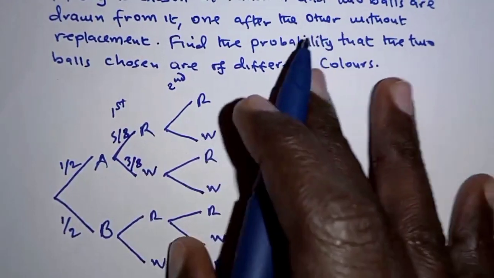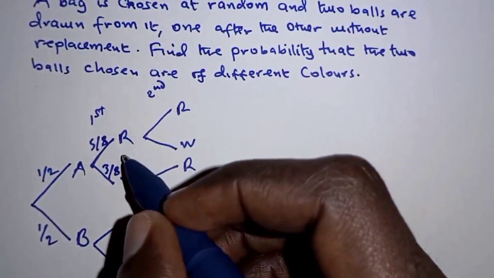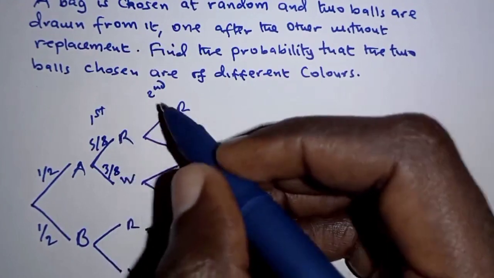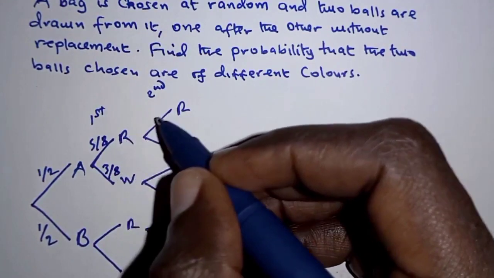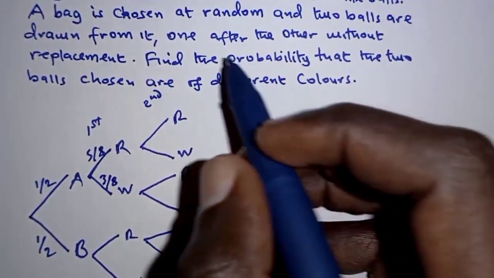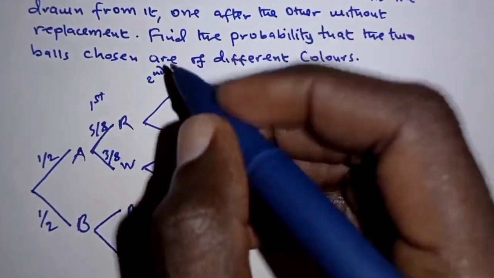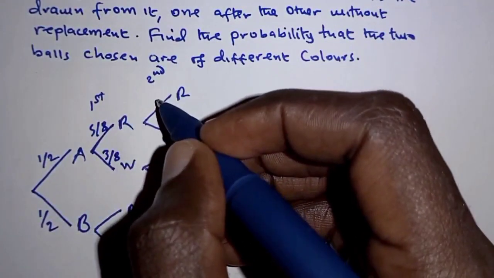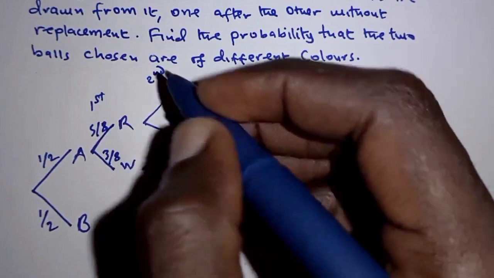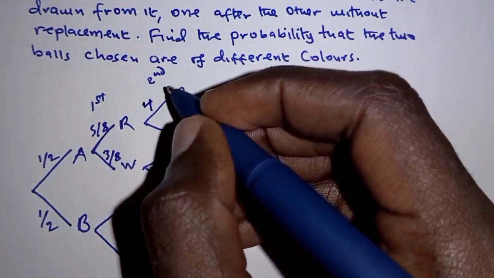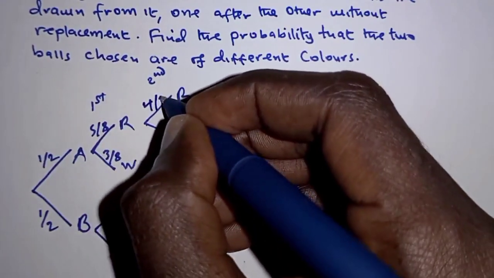Continuing to the second picking, if we had picked a red ball in the first picking, then that means that for the second picking, because the picking was done without replacement, the number of red balls will reduce. So here they should be 4, and also the total number of balls is now 7.